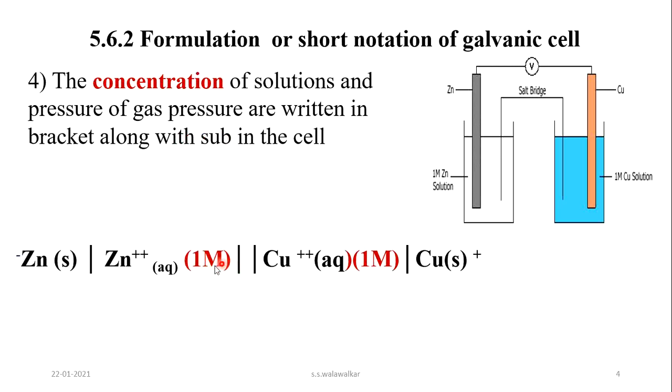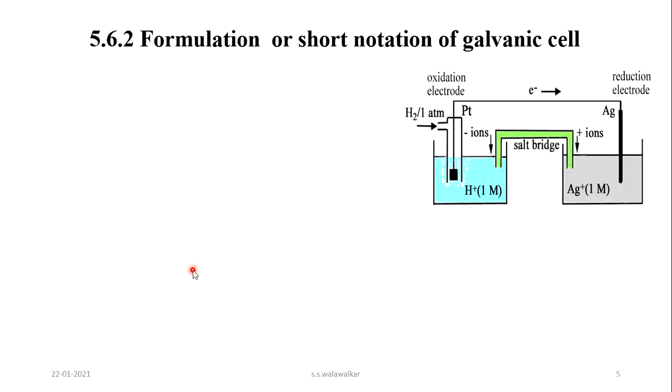In parenthesis it is written like this: zinc ion having concentration 1 molar, copper ion having concentration 1 molar. So the concentration is written in parenthesis along with that substance.